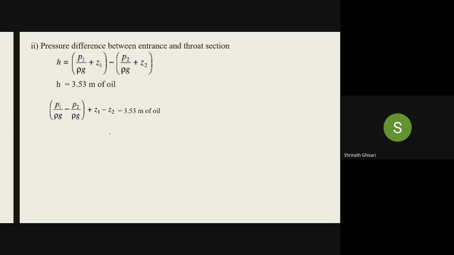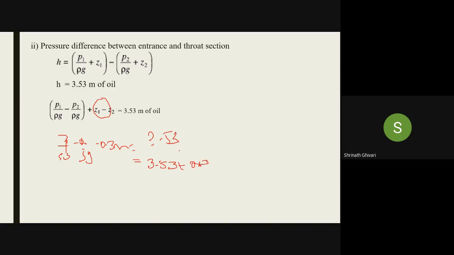See here. What is Z1 minus Z2? Z2 minus Z1 is 0.3 meter, right? So Z1 minus Z2 will be minus 0.3 meter. So P1 by rho g minus P2 by rho g, taking minus 0.3 meter, equals 3.53. So it will be 3.53 plus 0.3, taking it to this side.